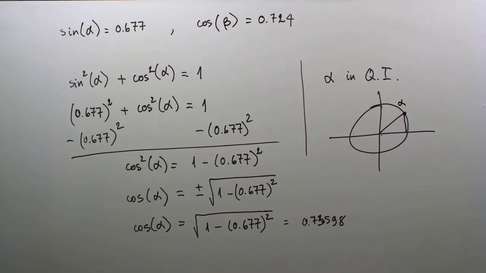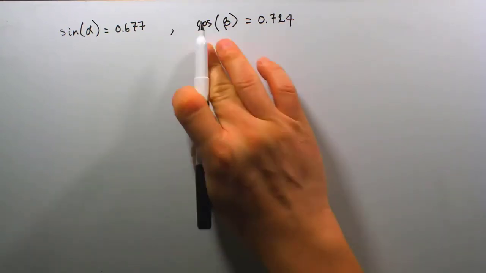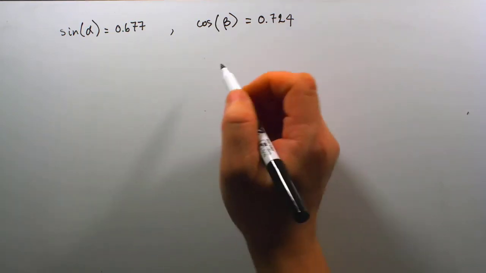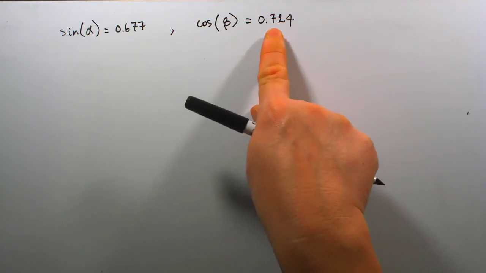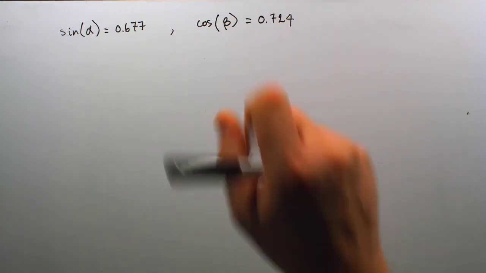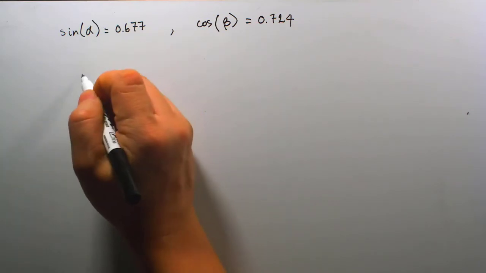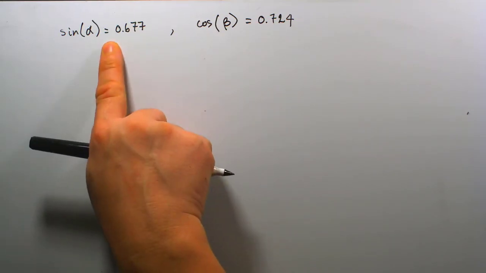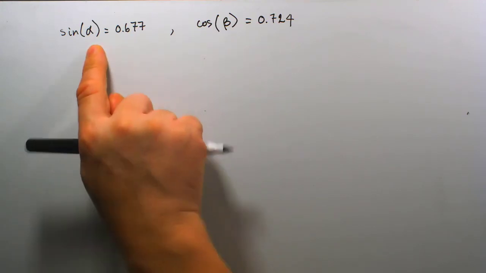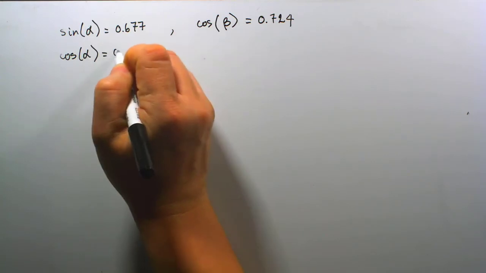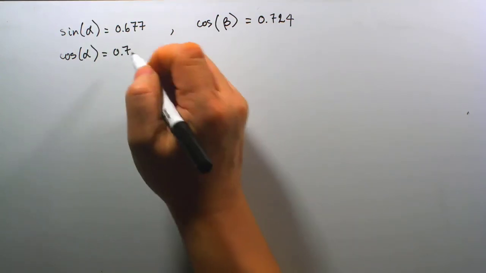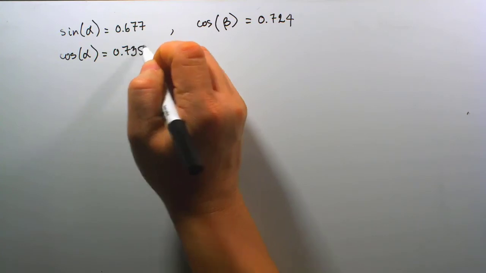All right, so that is our cosine alpha value. And on the other hand, we already had cosine of beta equal to 0.724, from similar work that we have done for our cosine of alpha. Now let me make a note here: we already had cosine of alpha to be 0.73598.